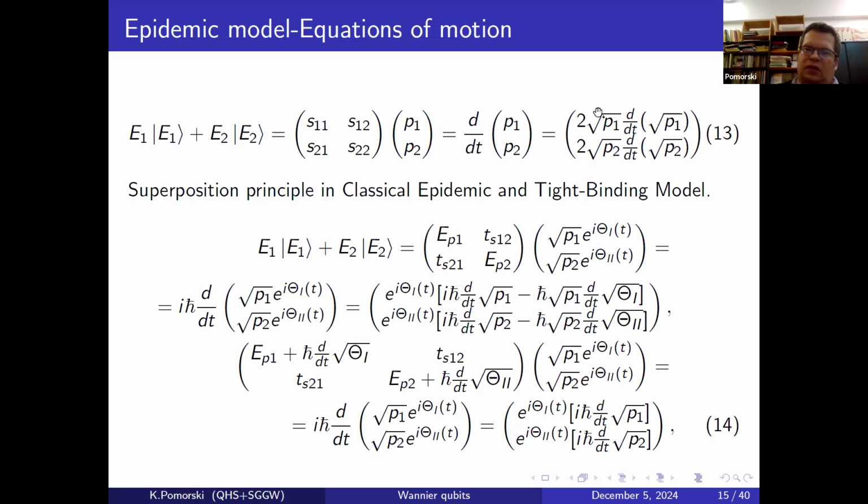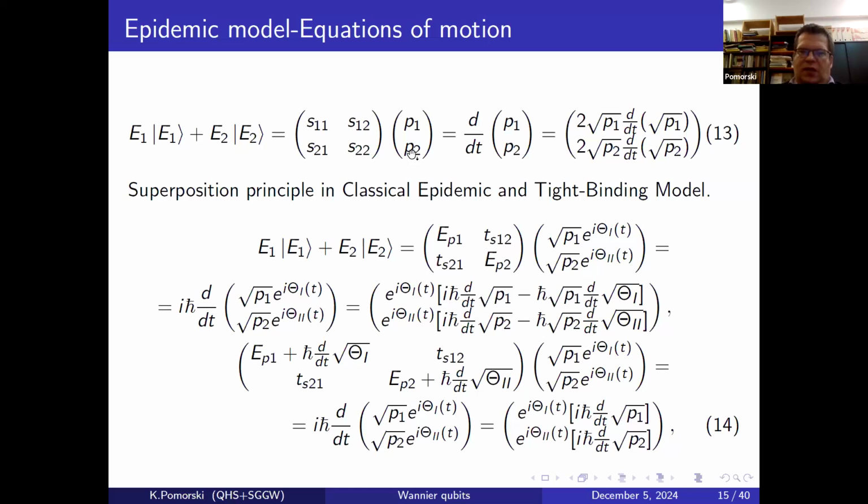And then of course you can rewrite it, because in the Schrödinger equation you are dealing with the square root of the probability amplitude, and there's a phase factor. So doing so, you can get these terms by such actions as described here.